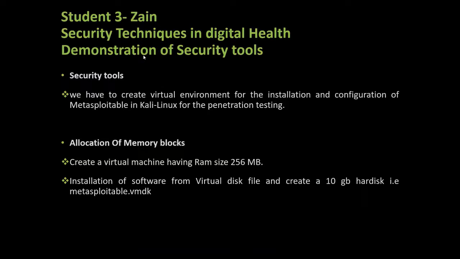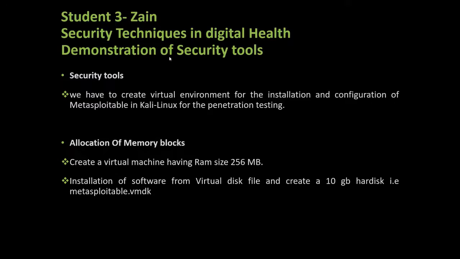So I'll be demonstrating the security techniques in digital health, a demonstration of security tools. We have to create a virtual environment for the installation and configuration of Metasploitable in Kali Linux for penetration testing.